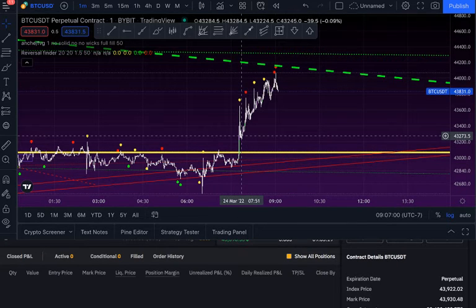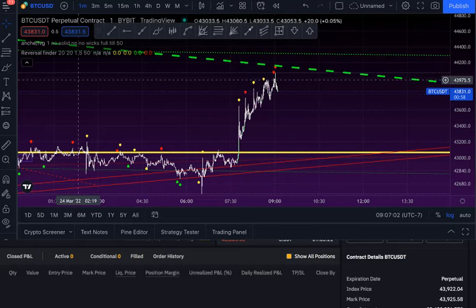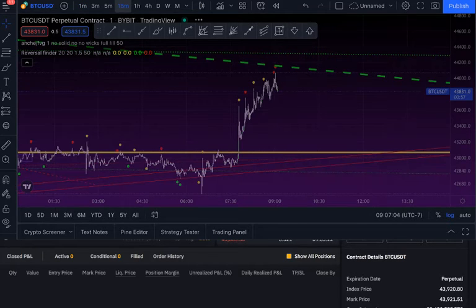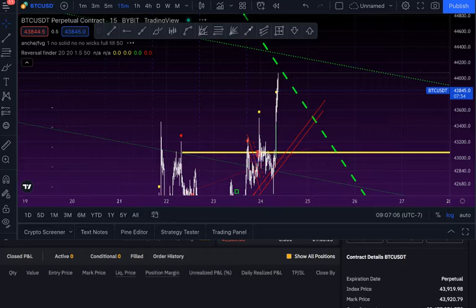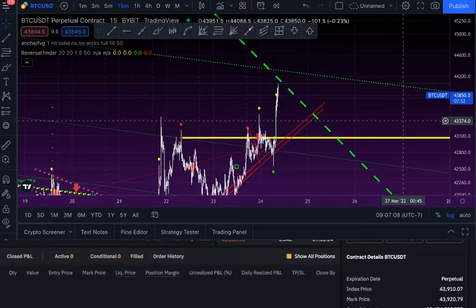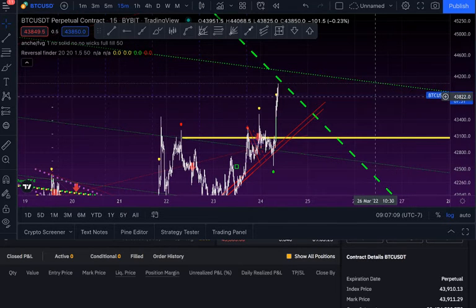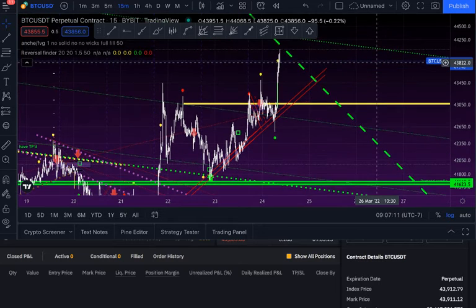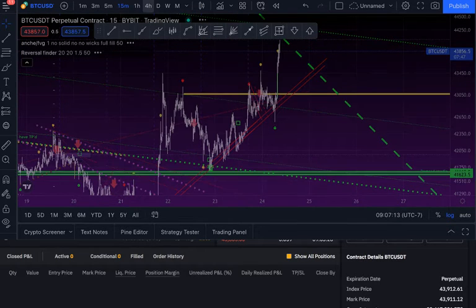So right now, on the higher time frames, Bitcoin is breaking out of a big consolidated triangle. See it on the 4 hour.